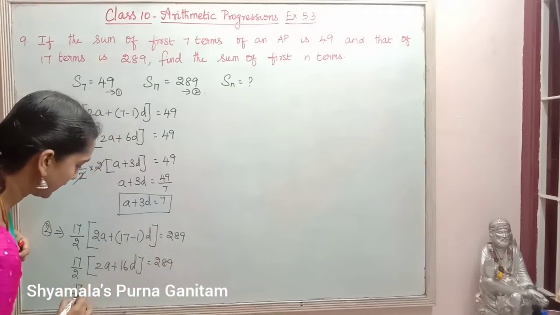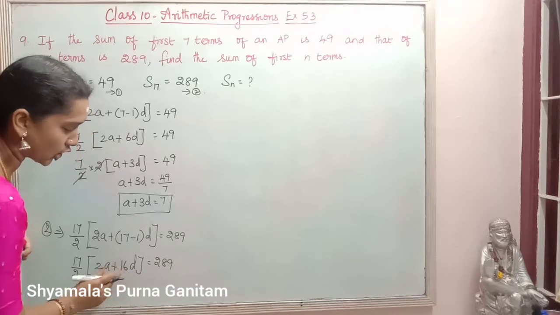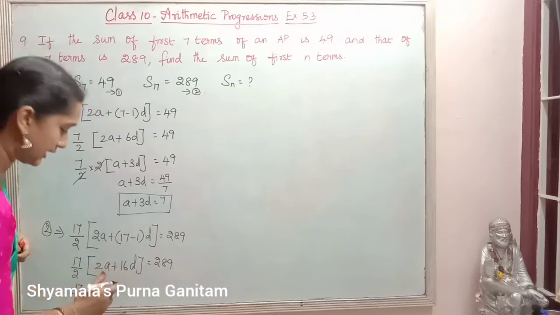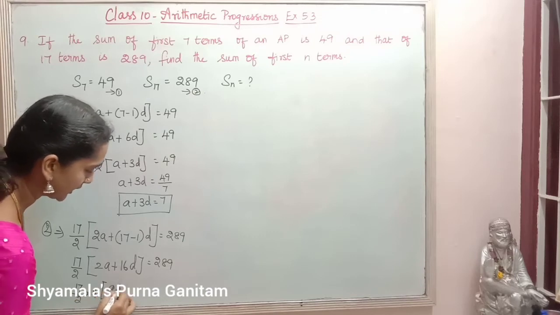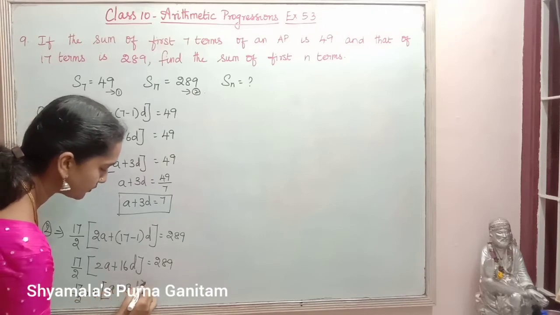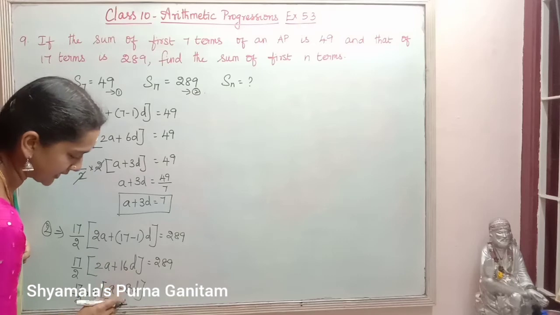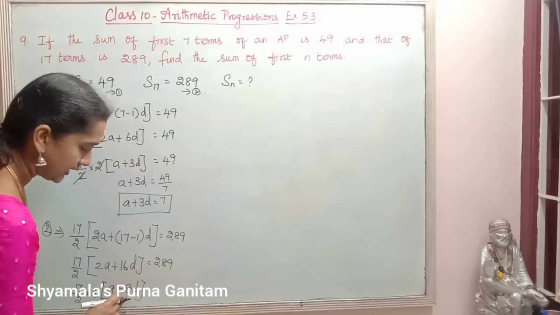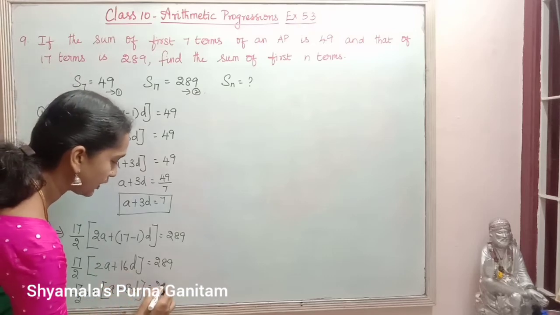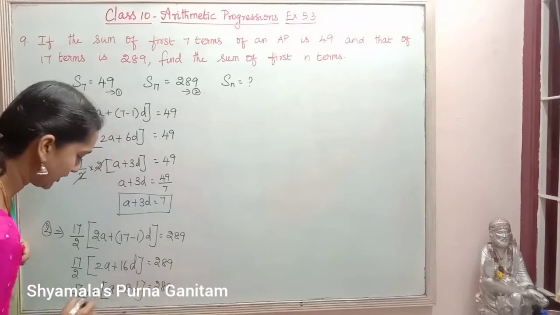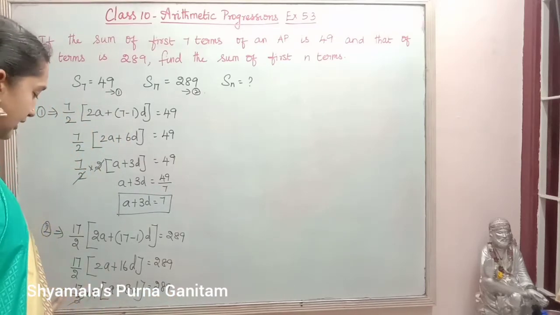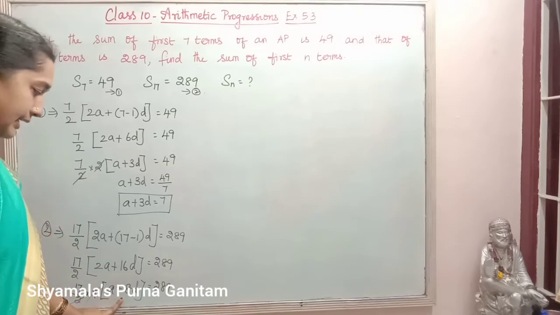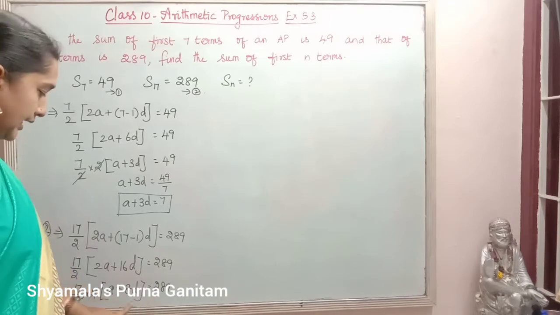So 17 by 2 into 2a plus 16d is equal to 289. Since we have 2 as a common factor, we take 2 common: a plus 8d. Here we will cancel this 2, so the balance will be 17 into a plus 8d is equal to 289.